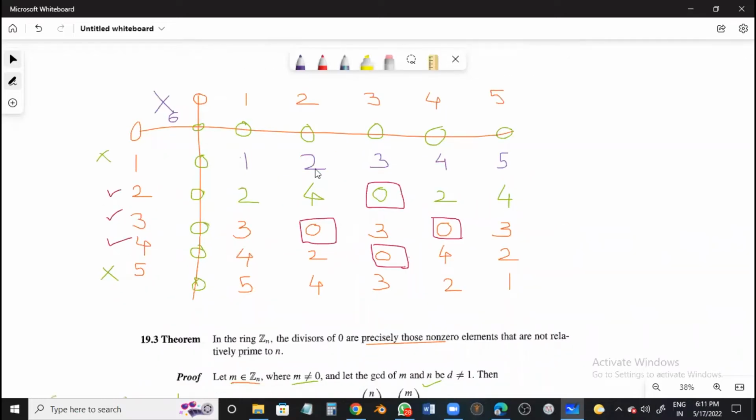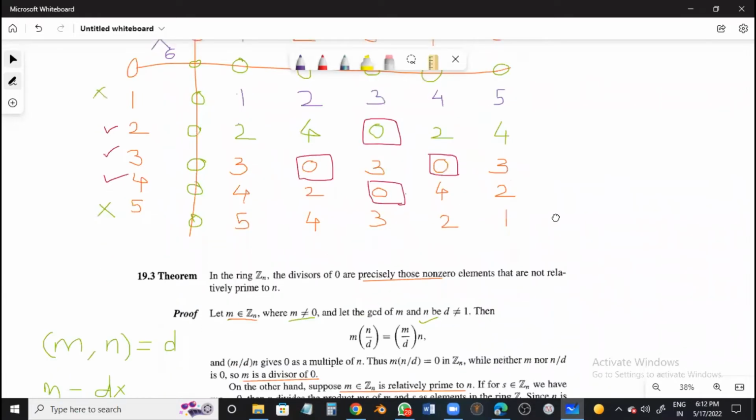And here we have observed in case of Z6 that 2, 3 and 4 are divisors of 0, whereas 1 and 5 are not 0 divisors, because though they multiply non-zero elements, the product is not 0 over there. So I feel you are quite familiar now with the concept of divisors of 0.